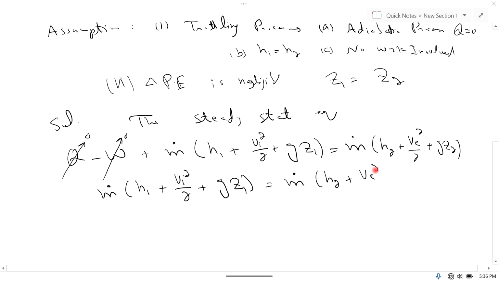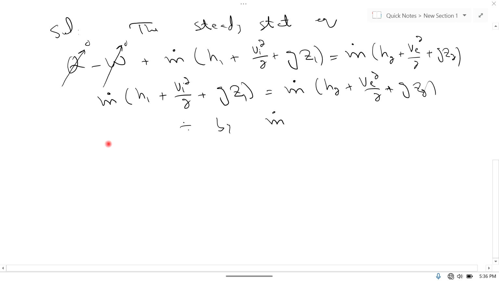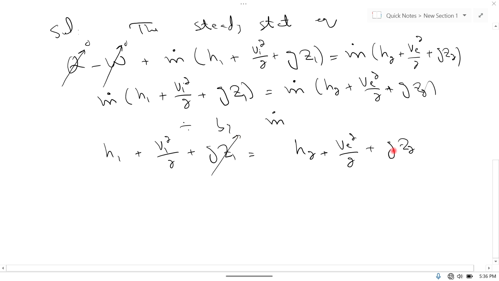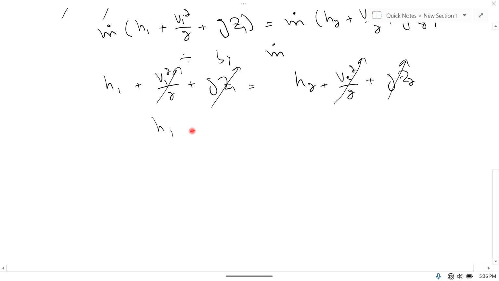Both sides are divided by m dot, so m dot is cancelled. gZ1 is cancelled with gZ2 because Z1 is equal to Z2, and V1 is equal to V2, so it is cancelled. So H1 is equal to H2.